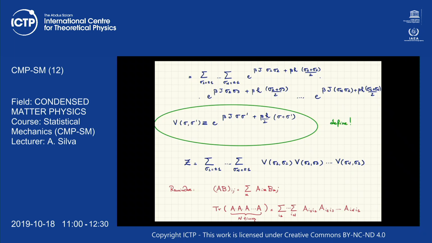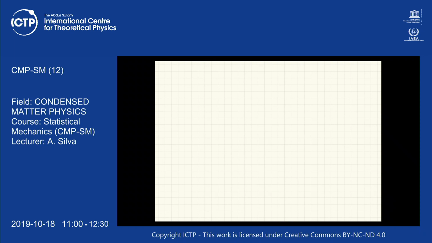So if I think of this as the index of a matrix, then it's clear that my matrix V is going to have, in components, the expression e to the beta J plus beta h, e to the minus beta J, e to the minus beta J, e to the beta J minus beta h.